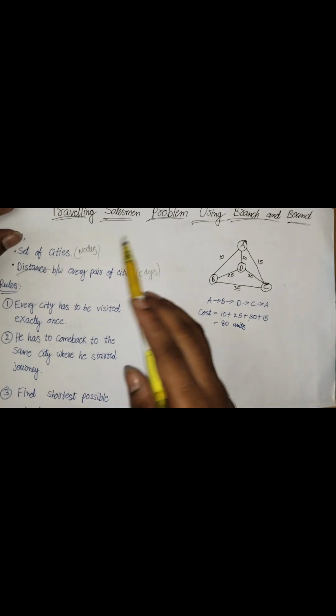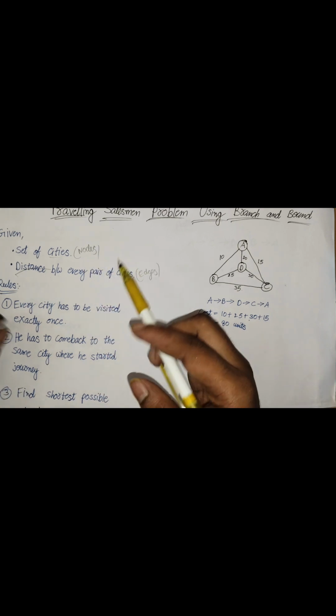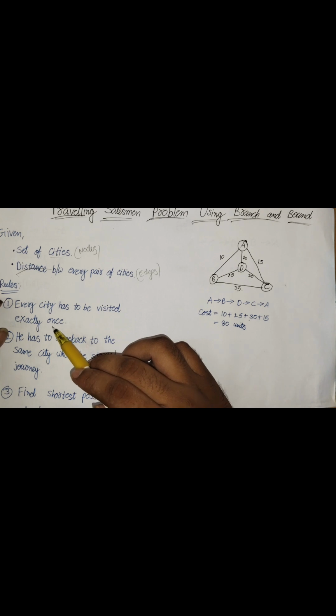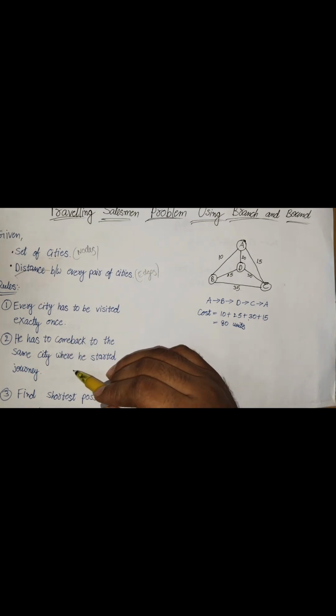So let's discuss the rules of the traveling salesman problem. These are like constraints. The first rule is every city has to be visited exactly once. Each and every city should be visited only once, not twice or thrice. The second rule is he has to come back to the same city where he started the journey.